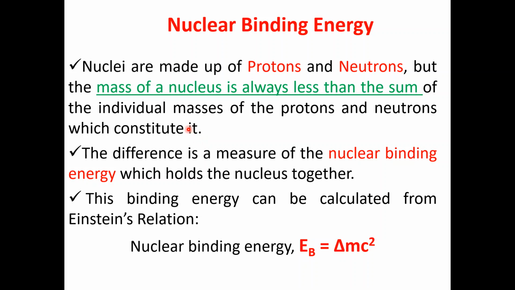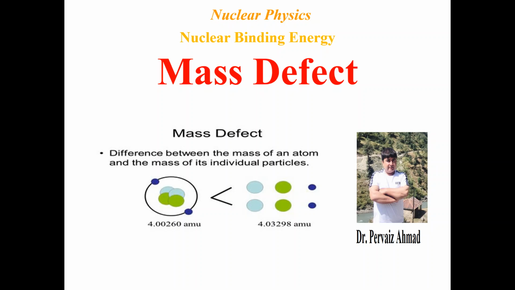The difference between the masses of the individual protons and neutrons and the nucleus is basically a measure of the nuclear binding energy which holds the nucleus together. This binding energy can be calculated from Einstein's famous mass-energy relation, which in this case is equal to delta m c squared. This is how you can calculate the nuclear binding energy with Einstein's mass-energy relation.